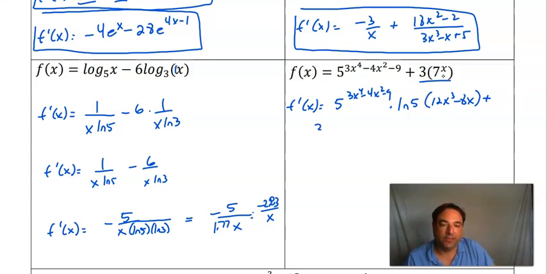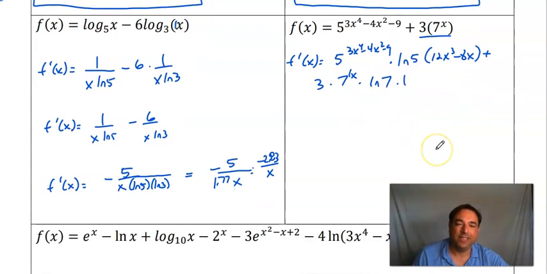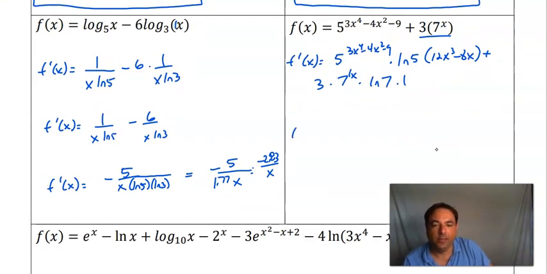So the 3 stays in front. And how do we do the derivative of 7 raised to the x? Step 1, rewrite it. Step 2, ln of the base. Step 3, the derivative of 1x is 1. So if I wanted to clean this up, there's not really too much we can clean up, but at least we can write it nice and organized and neat.